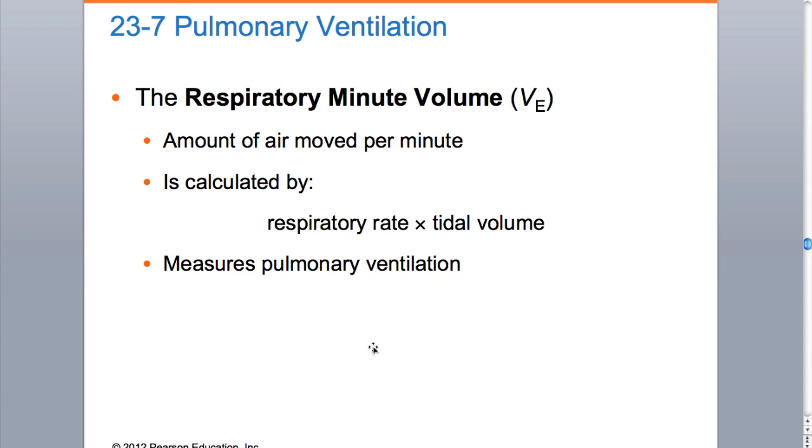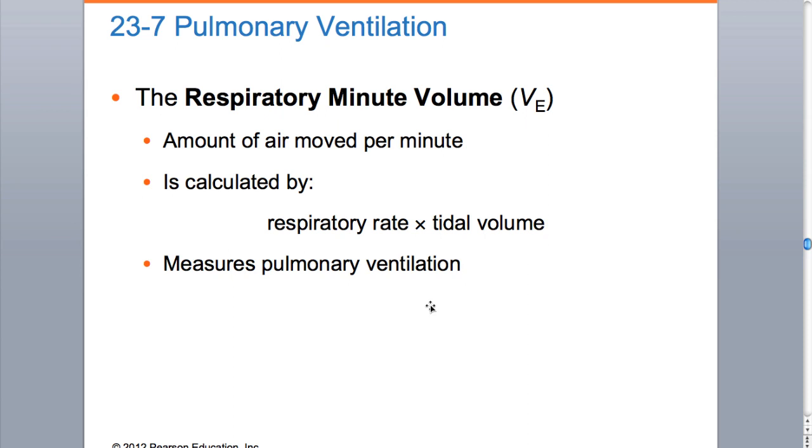In the same way, respiratory rate and tidal volume measure pulmonary ventilation: how much air is leaving the body and how much air is coming into the body. So volume of air and how fast the air is coming in and out.